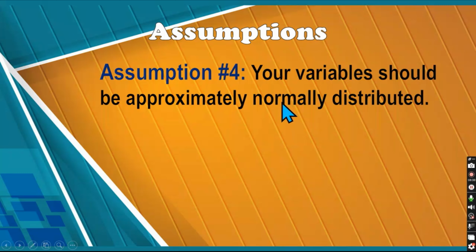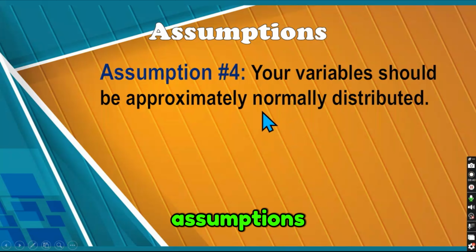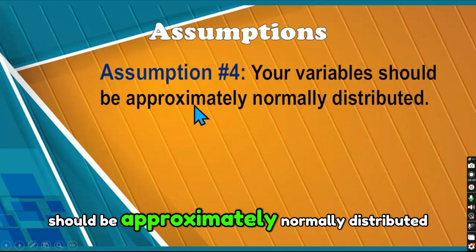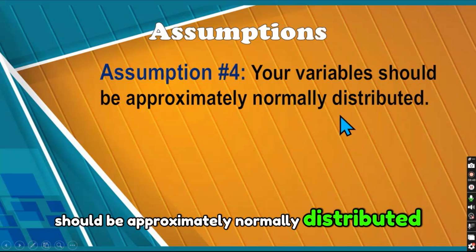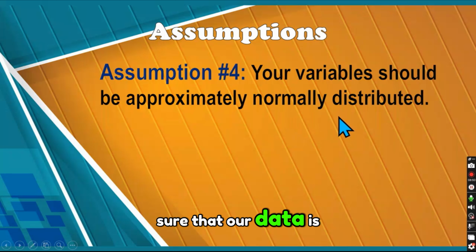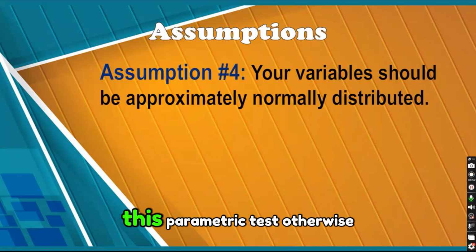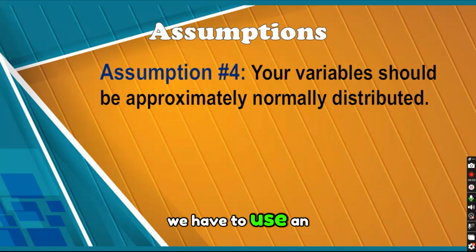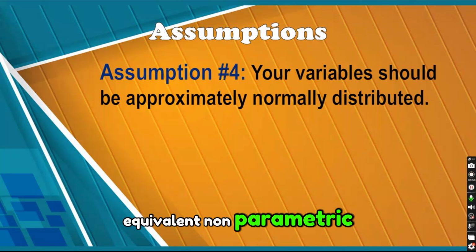Basically, there are only four assumptions in the Pearson's correlation, so this is the last one. Assumption number four, your variables should be approximately normally distributed. We have to make sure that our data is normal so that we can use this parametric test. Otherwise, we have to use an equivalent non-parametric test.